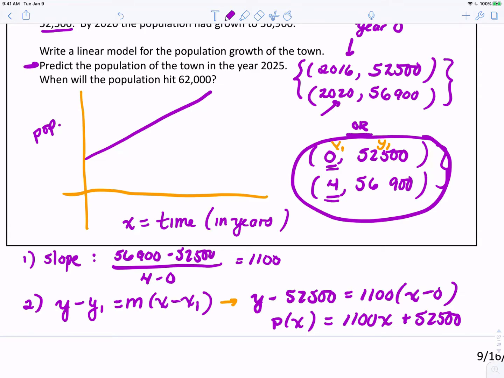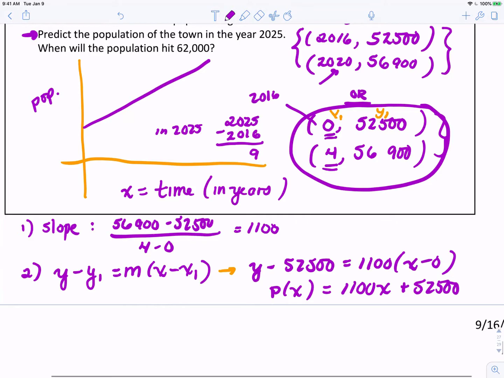If we wanted to predict the population of the town in 2025, notice that time, year 0, was the year 2016. So in 2025, if we take a look at how far that is from 2016, 2025 from 2016 is 9 years. So to answer that question, we would simply put a 9 in for x.